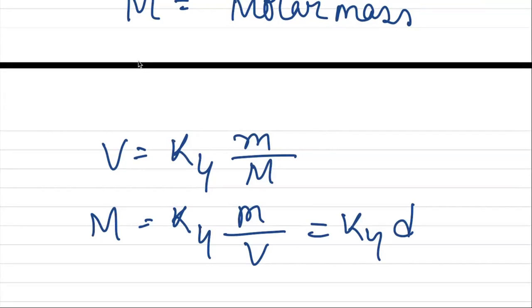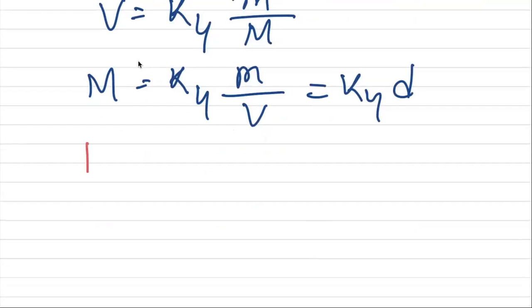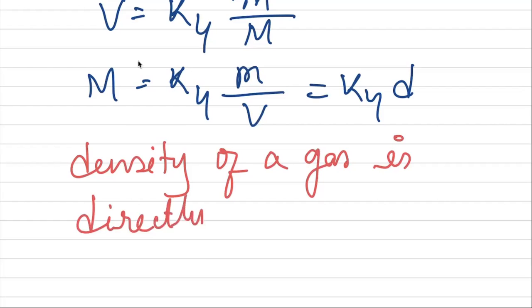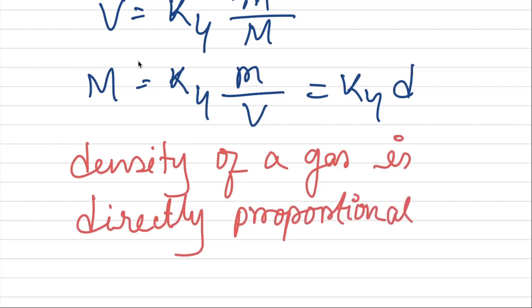So that means the density of a gas is directly proportional to its molar mass.